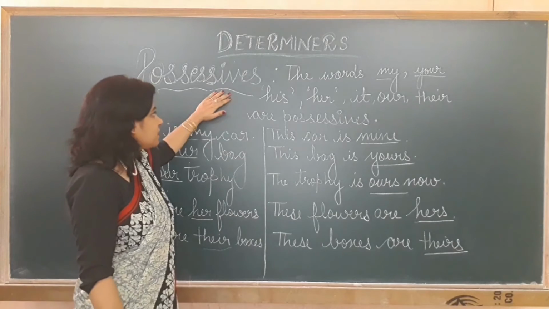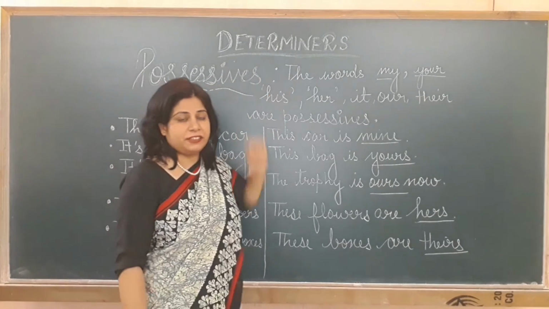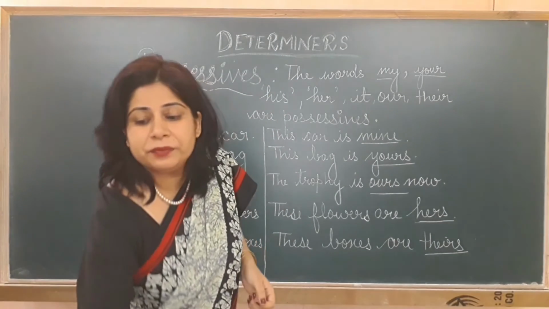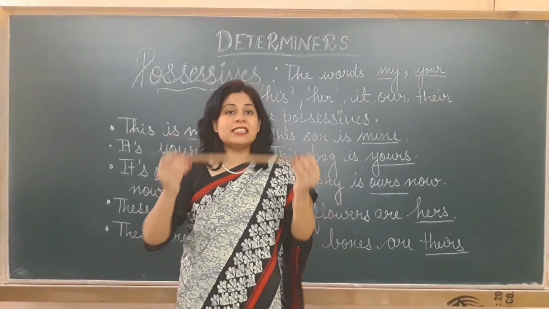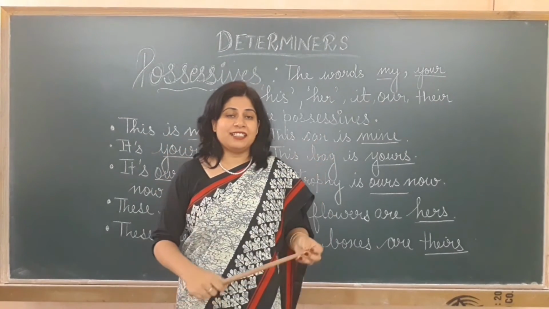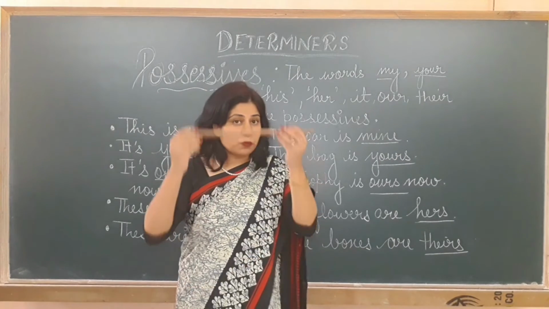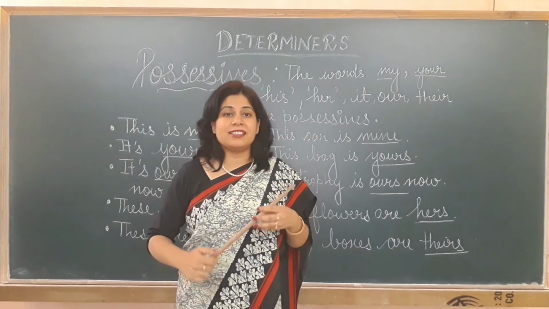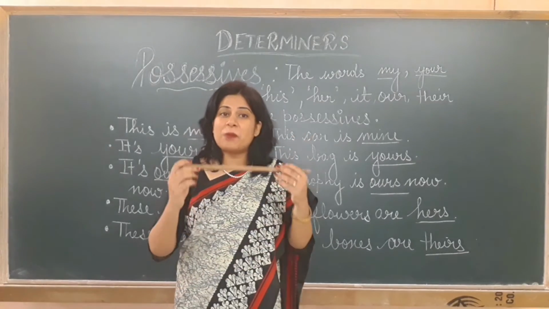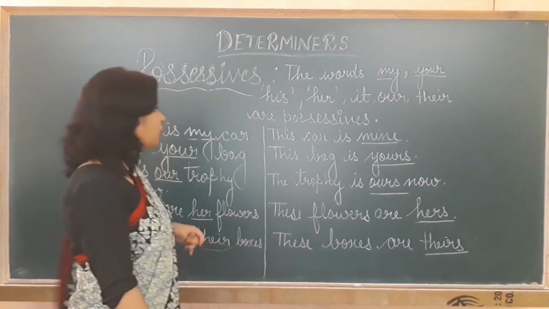So, possessives show possession. For example, this is my pointer. Now, the word my shows possession, that this pointer belongs to me. This is possessed by me. This is my pointer. Fine.